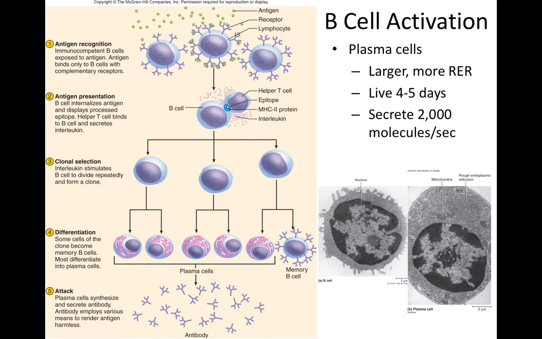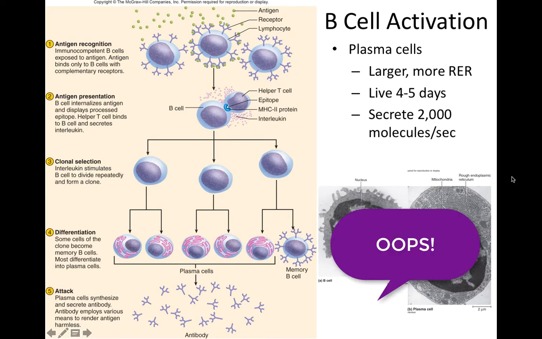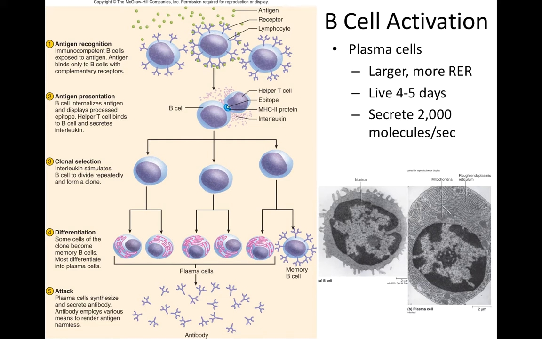So that is a huge influx of these antibodies into your blood or your tissue fluid, which is going to absolutely flood your body with something that can now deal with this extracellular pathogen.